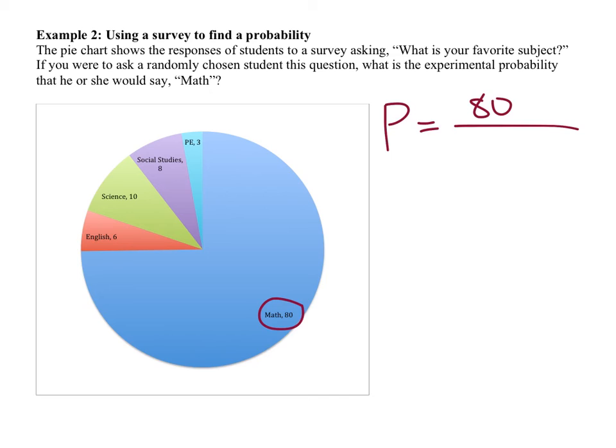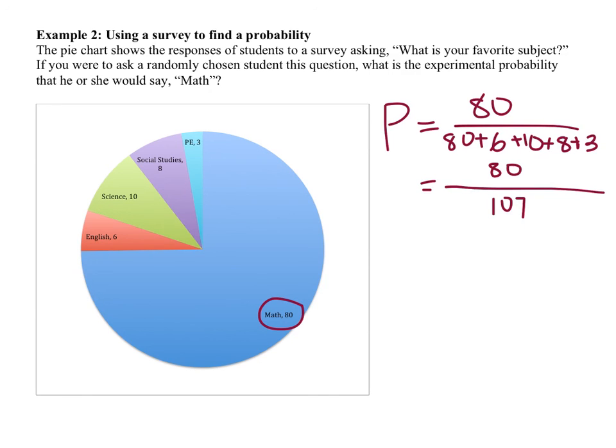I can find this total by just adding up all the responses for the different subjects. So I'll add 80 plus 6 plus 10 plus 8 plus 3. Adding that up, 80 plus 6 is 86, 96, 104, plus 3 is 107. We have 80 over 107.